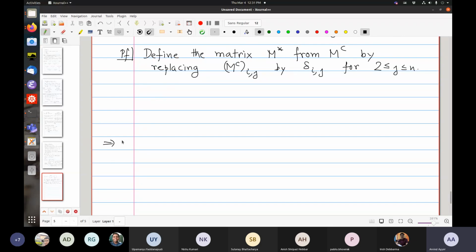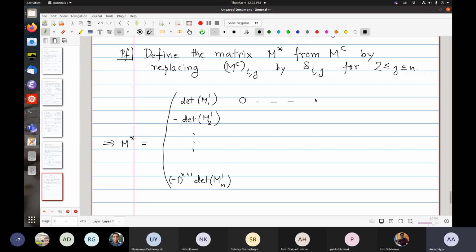So if you want to see how it looks, the first entry is of course determinant M11. The second entry is minus determinant of M12, etc., minus 1 to the n plus 1, determinant of M1n.